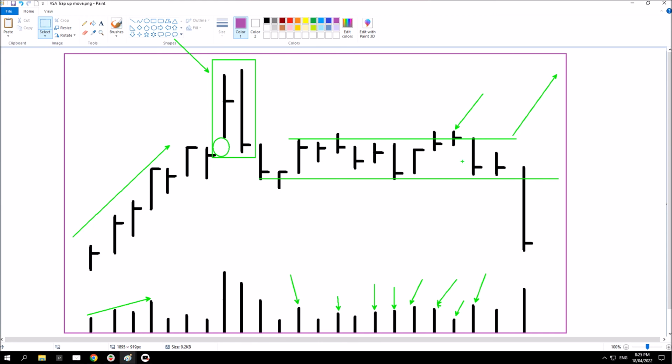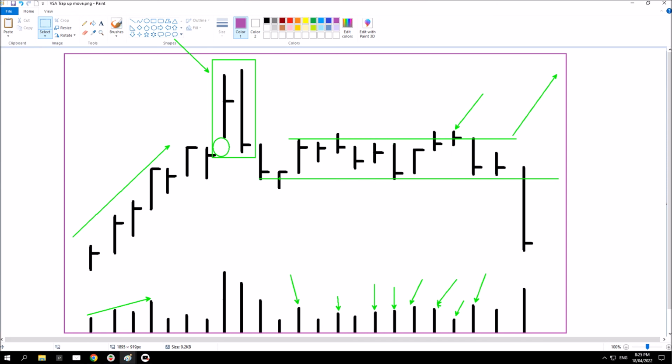It's just gone dead sideways. Sometimes you'll see them going slightly lower. You'll see it like this. It won't be steeply lower, but it'll be angled lower. And that's because there's selling pressure in the market.